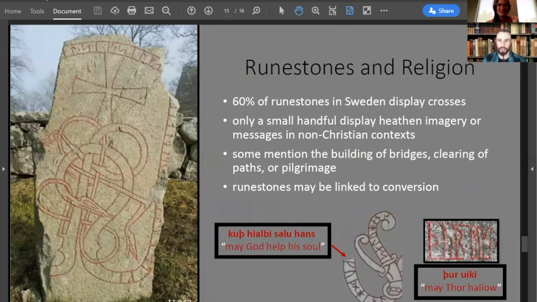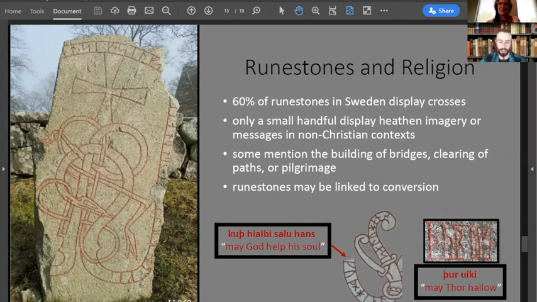All right, then we come to runestones and religion. So although the practice of raising a runestone began during heathen times, it wasn't really until after the conversion to Christianity that this tradition started taking off. About 60% of Swedish runestones display crosses, and many also contain Christian prayers or other messages.